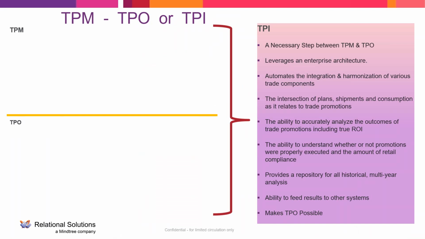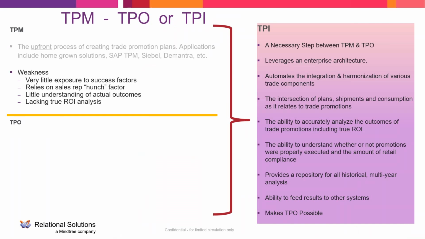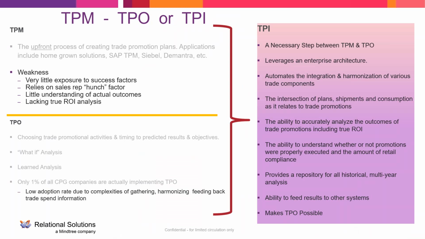And I'll just introduce the trade application, because there's a difference between trade promotion management, trade promotion optimization, and trade promotion intelligence. In trade promotion management, this is the upfront process of creating your trade promotions. It's designed to run those promotions and help you financially plan them.